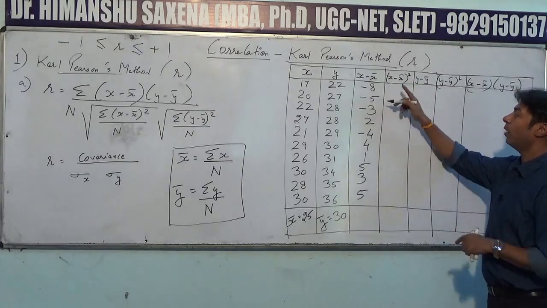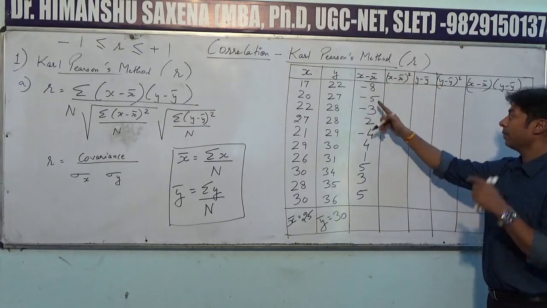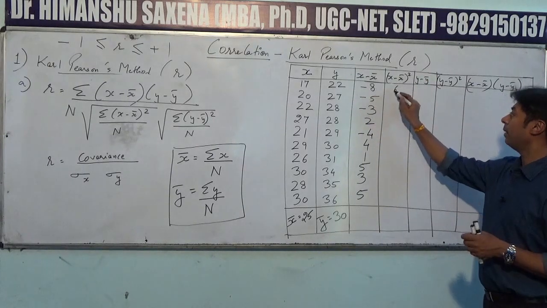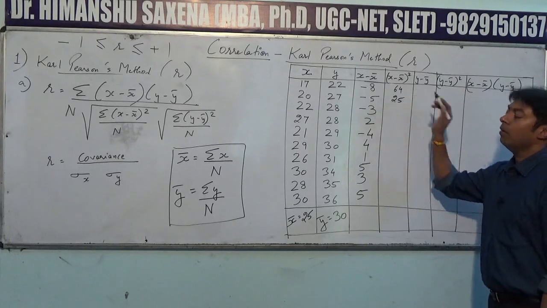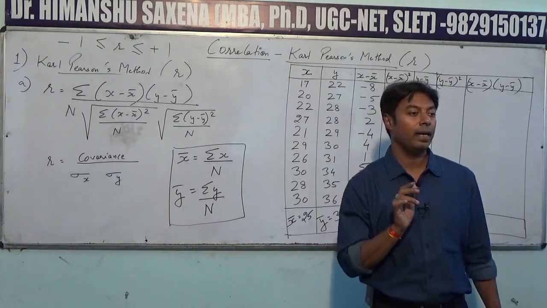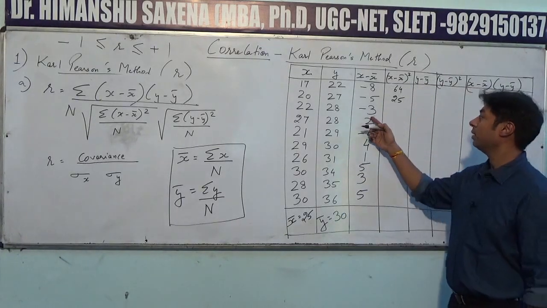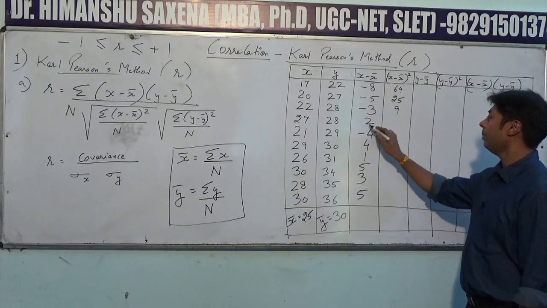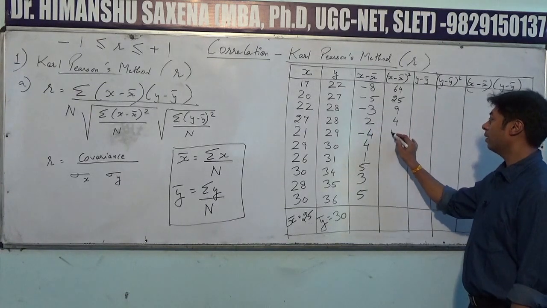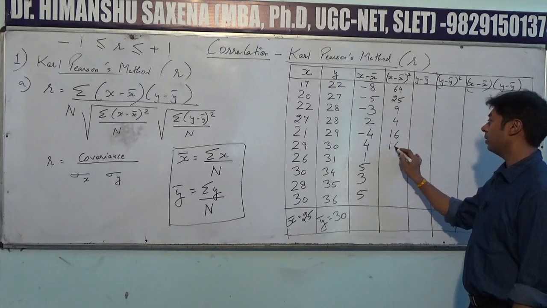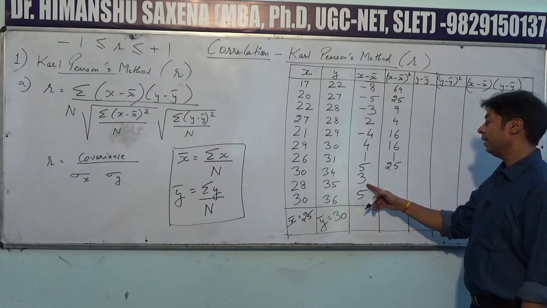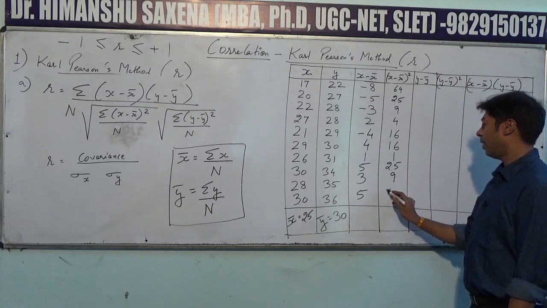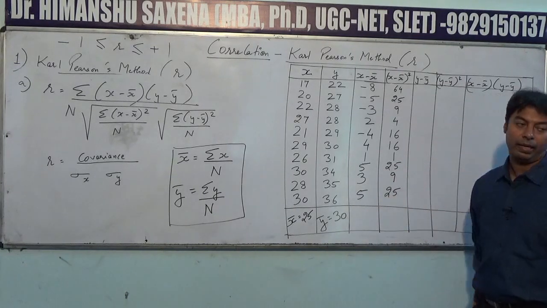Then we'll go for x minus x bar whole square. Now minus 8 square will be positive 64. Minus 5 square will be equal to 25. Next, minus 3 square will be 9. Then 4. Minus 4 square will be 16. Again 16. 1. 25. 3 square will be 9. And 5 square will be 25.